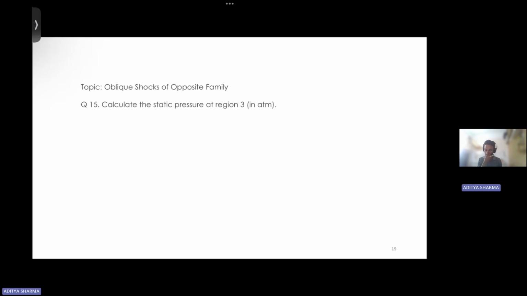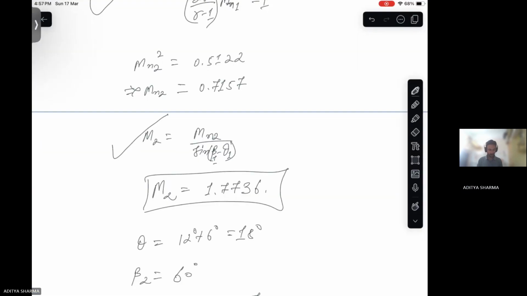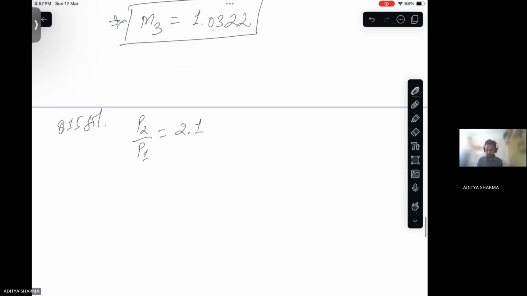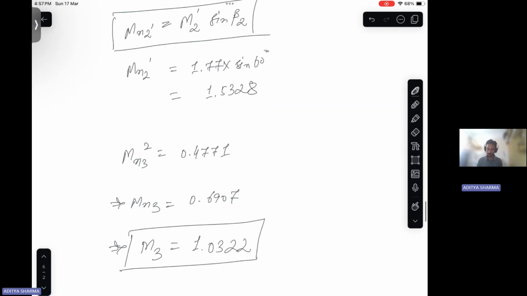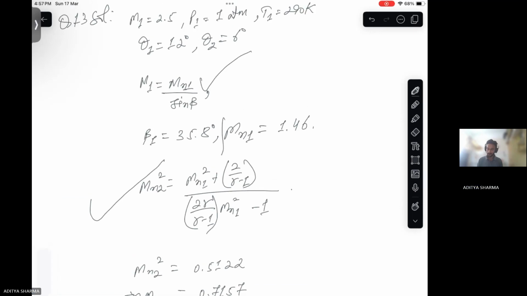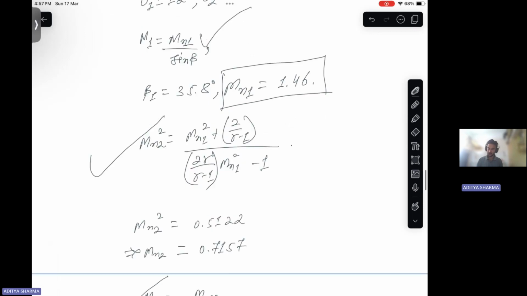Now, calculate the static pressure at region 3. How can we calculate it? From the table only, we can see all that, right? P2 by P1, if you see the table, is given as 2.1 for our first case, where we have Mn1 as 1.46.